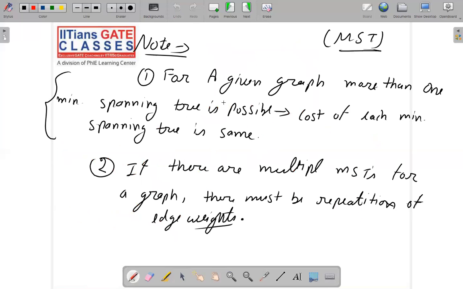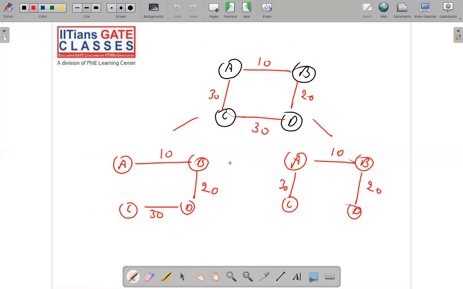Okay, and the first note that I created, that if we have multiple minimum spanning trees, the cost of each spanning tree will be the same. Like this. What is the cost here? It's 60, right? The cost of this also will be 60. If we have multiple minimum spanning trees and the cost of one is less than another one, then the second one won't be called a minimum spanning tree.